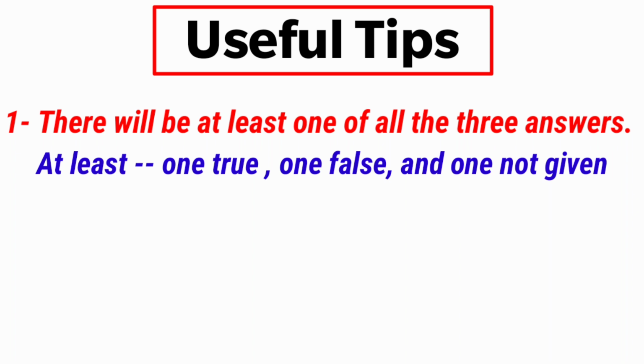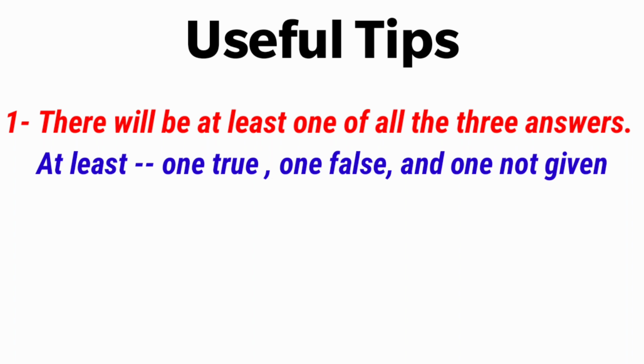Sometimes, let's say there are 5 true, false and not given questions, and in the first 4 answers, let's say 2 are true and 2 are false. So we need not read the last question, just mark not given. But for that we need to be 100% sure about the first questions.